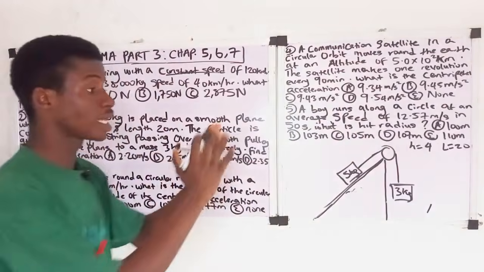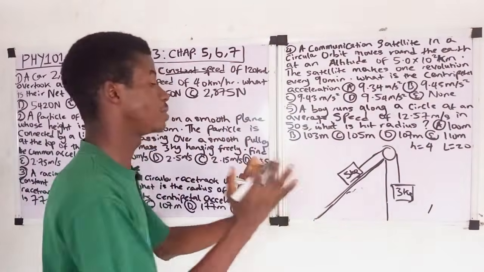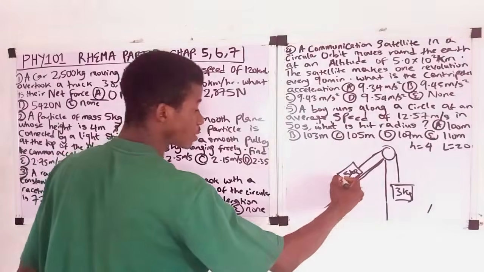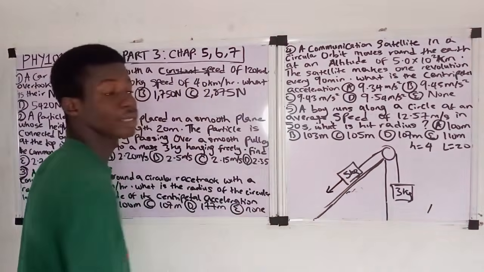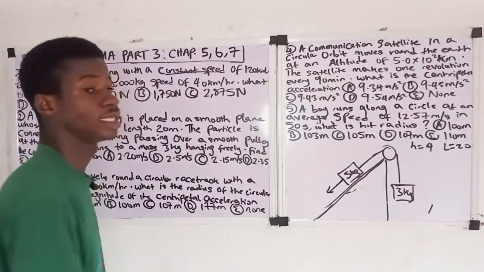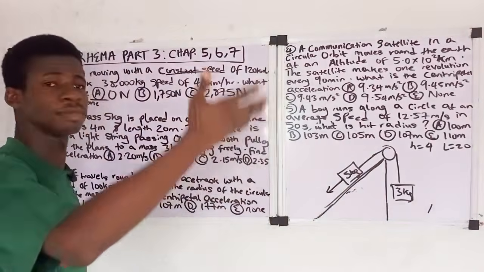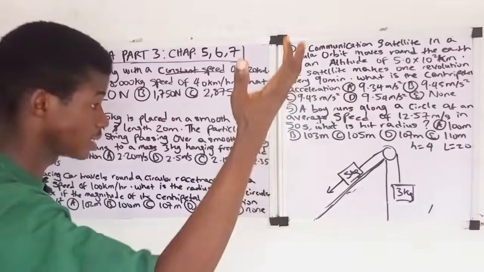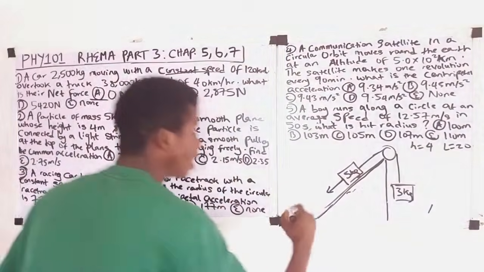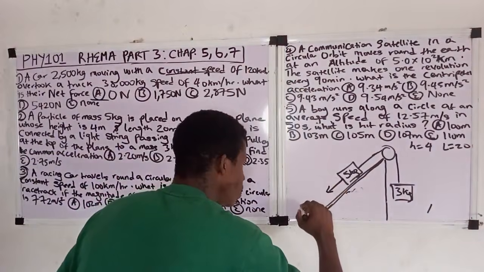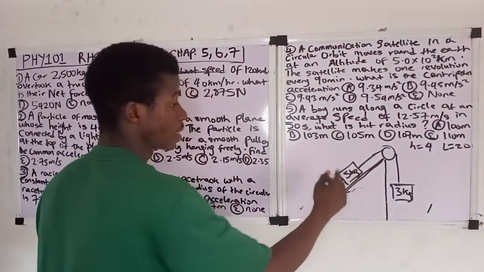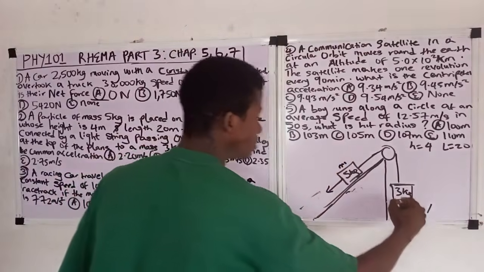Take note that when an object is on an inclined plane, there is one force that's parallel to the plane, and that force is known as the parallel component of the weight, which is W sine theta. Let's call this mass 1, then this is mass 2.